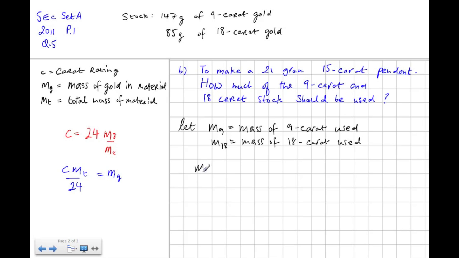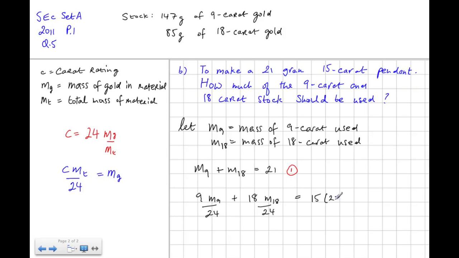The first simple equation is we know the new pendant is 21 grams. So obviously the mass of 9 plus the mass of the 18 carat gold used has to equal 21. For the second equation, we use the formula again in blue on the left here, that using the total mass, the mass of gold in each must come from the 9 and the 18.